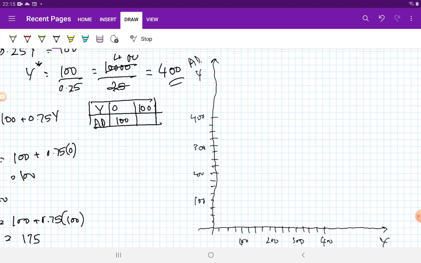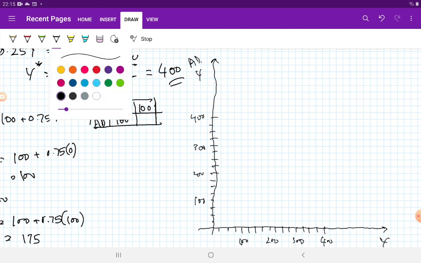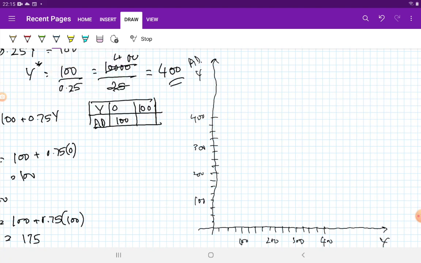When y is equal to 0, aggregate demand is 100. Let me change the color to say dark blue. So this is my first point, 0, 100. And the second point is when y is equal to 100, my aggregate demand was 175. I haven't written it here, but I have calculated that.